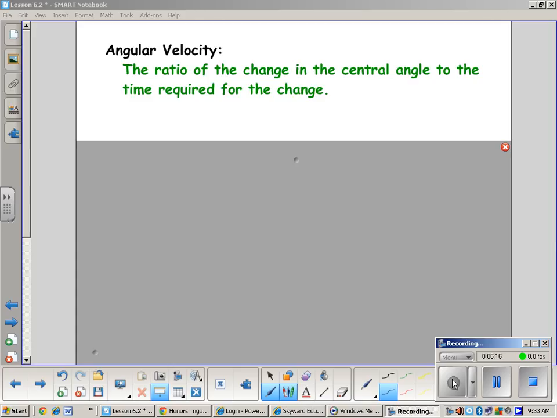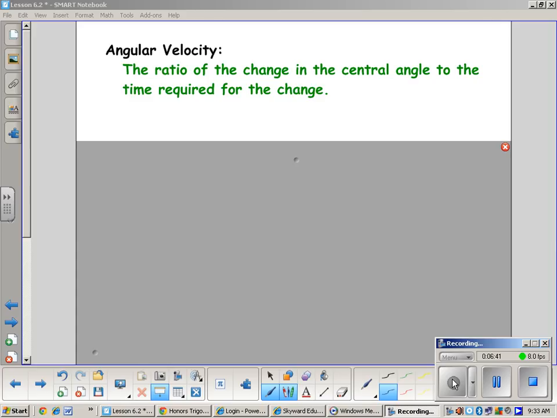Angular velocity says the ratio of change in the central angle to the time required for the change. It's a ratio. What do ratios look like? They have colons, or the word to, or they can be a fraction, right?